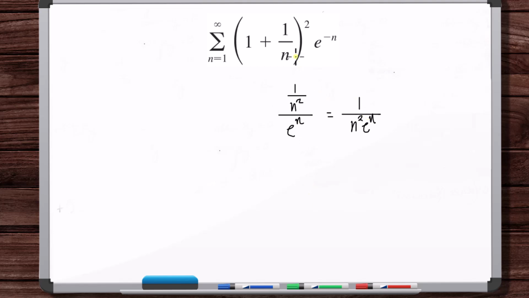And in that case, this is always bigger than this because these two are the exact same, except we're just not adding this 1 to the square. So this will always be bigger.